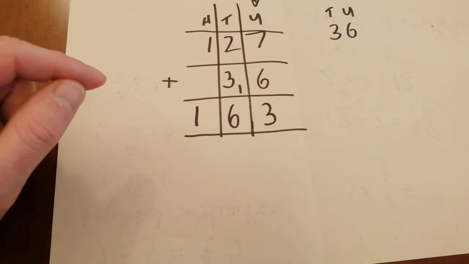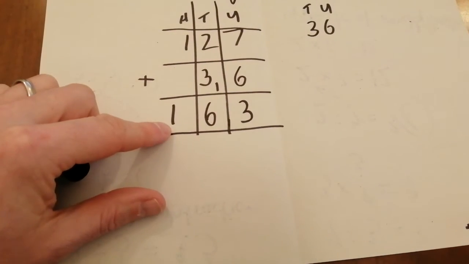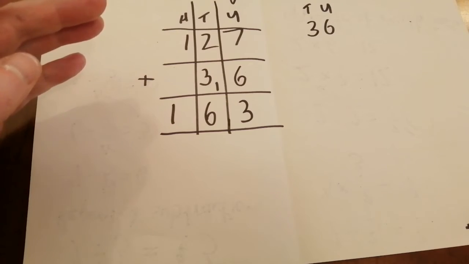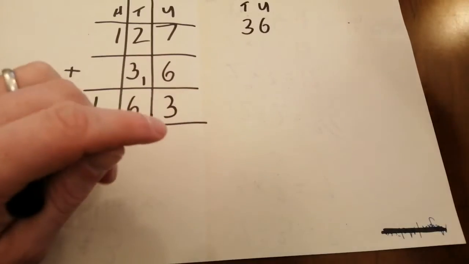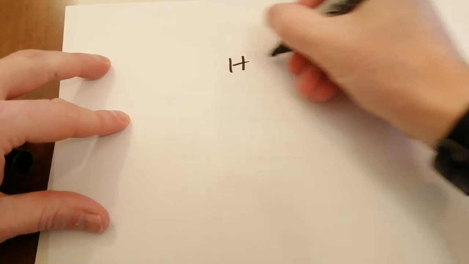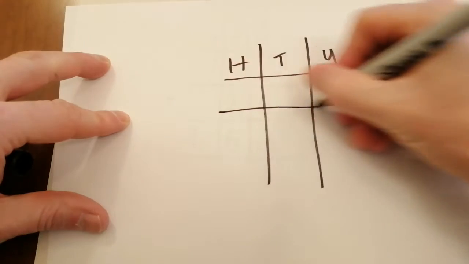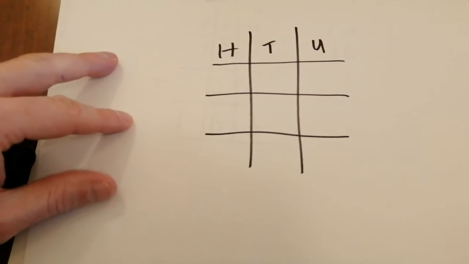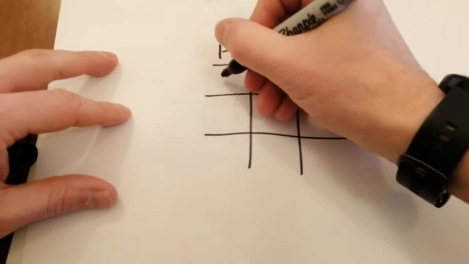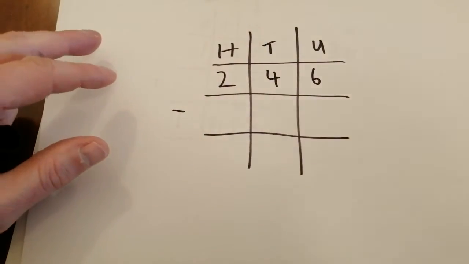Now if we go back to my earlier estimation, my estimation was 170. 170 and 163 are pretty close. I'm reasonably confident that that's the correct answer. Let's look at the next one. And in this case, I'll do again hundreds, tens, units. Okay, we had 246 and we were taking away 22.